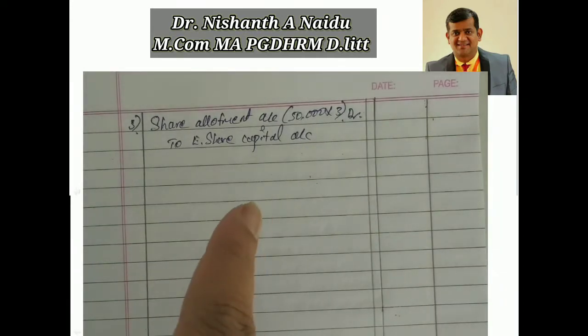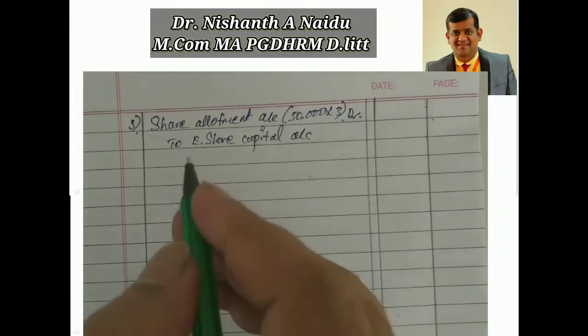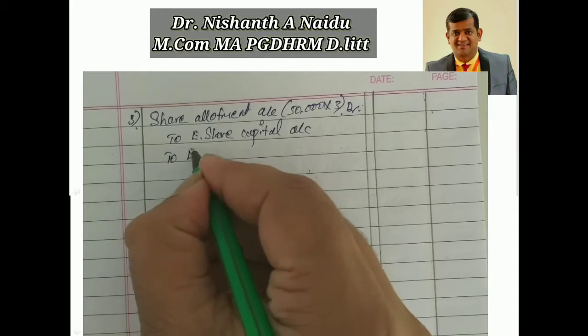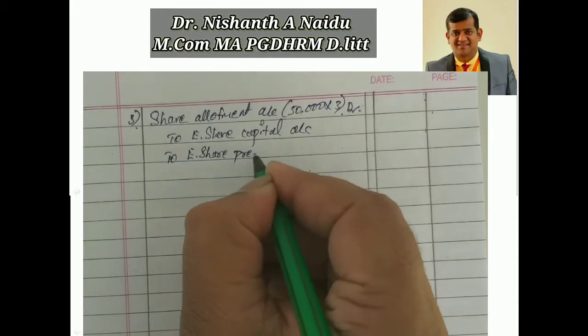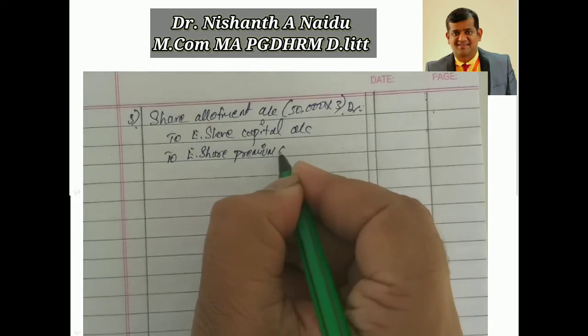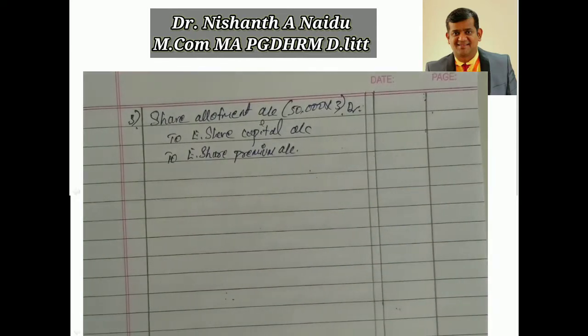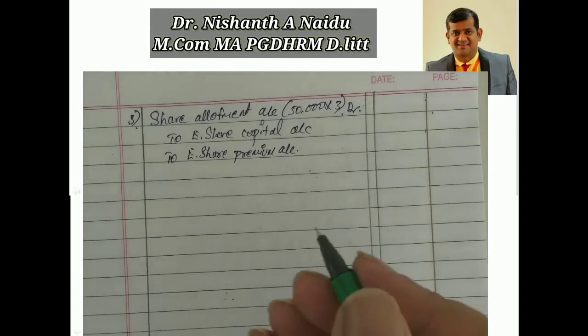See, 3 rupees, they clearly said it is including premium. Then premium is also there, to equity share premium account. Here they have not given the premium amount directly in this problem. Clear? They said 10% on the face value. So 10% of the face value means how much? On 10 rupees, if you calculate 10%, you are going to get a premium of 1 rupee.